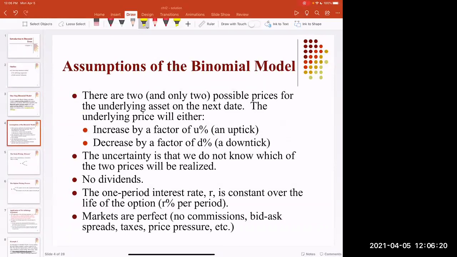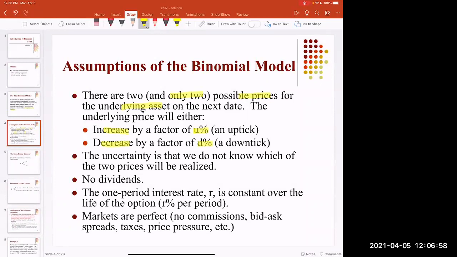Specifically, we have a lot of assumptions. For example, there are only two possible prices for the underlying asset on the next day. This is a very strong assumption. The underlying price will either go up or go down: increased by a factor of U, meaning up, which we call the uptick, or decreased by a factor of D, meaning decrease. That's assumption one.